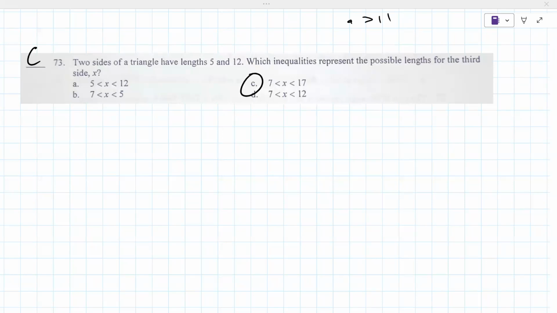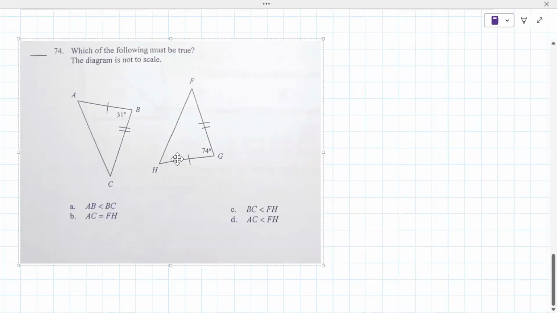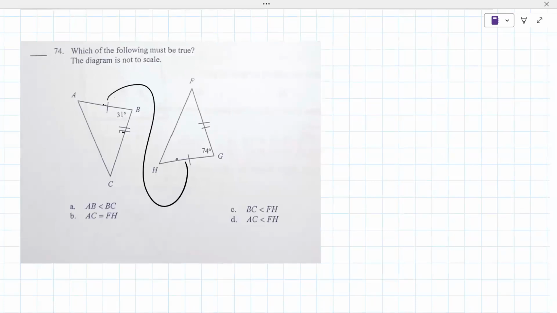So this is another hinge theorem. What they're saying is because these two sides are congruent, this one goes with that one, and because of the angles between them, the smaller angle goes with the smaller side, the larger angle goes with the larger side.